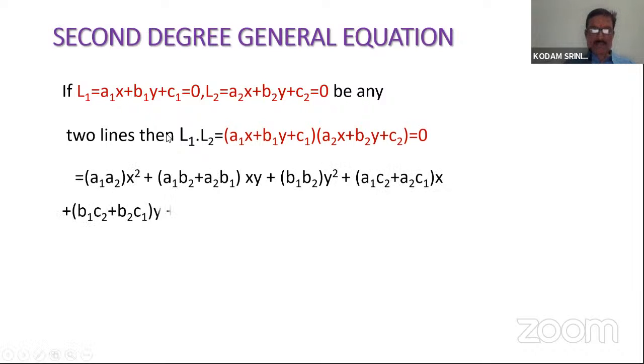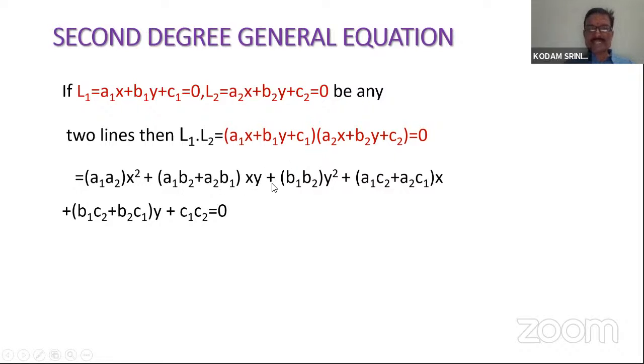After multiplication, we will have A1x into A2x, A1 A2 x square. Next, A1x into B2y, A1 B2 xy. Next, A1x into C2, we get A1 C2 x. Again, B1y into A2x, that is B1 A2 xy, that is A2 B1 xy.